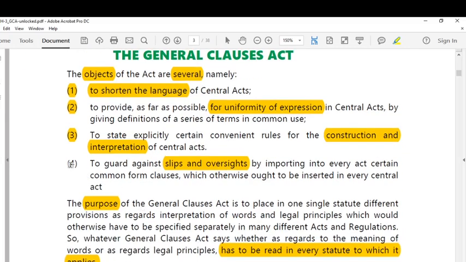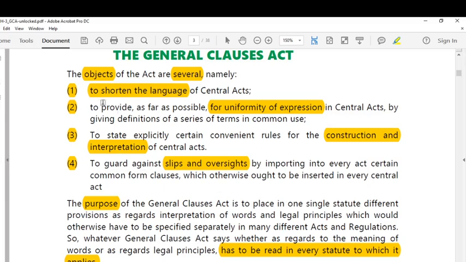The fourth object is to guard against slips and oversights. Here, slips means something missing out, and oversight means something which has not been properly read and identified, by importing into every act certain common form clauses which otherwise ought to be inserted in every central act.